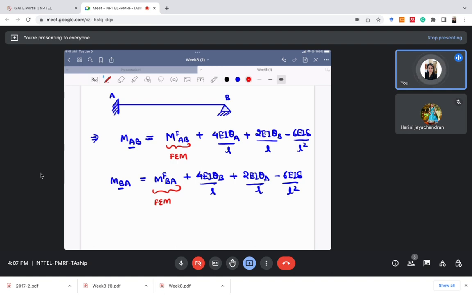These are the two equations, very easy to remember. Now we will solve all our problems using these two equations.